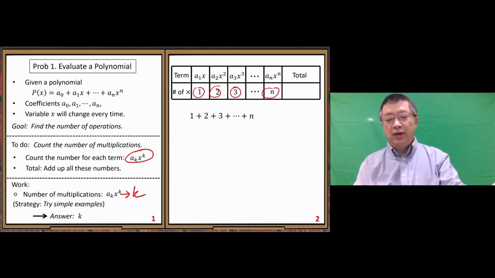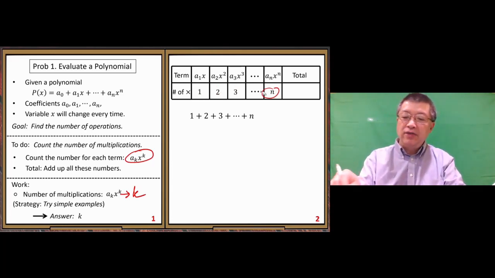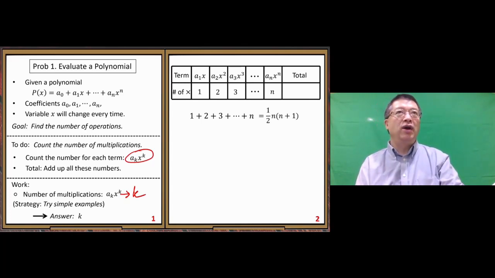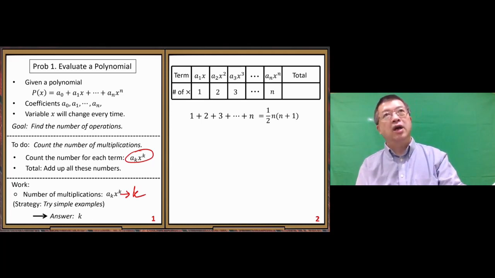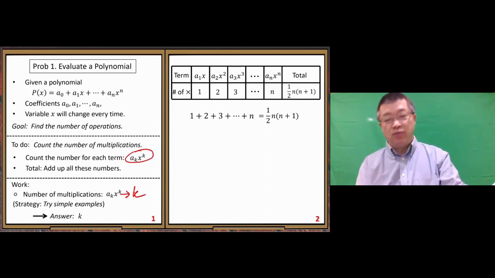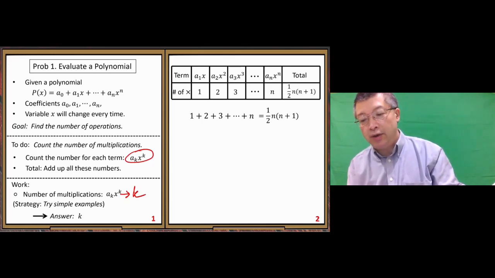Do you know the formula? What is the formula to get the summation? It's a very famous formula. The answer is this: 1/2 times n times n plus 1. So we put that expression under the total.